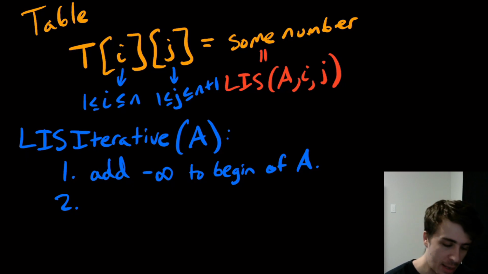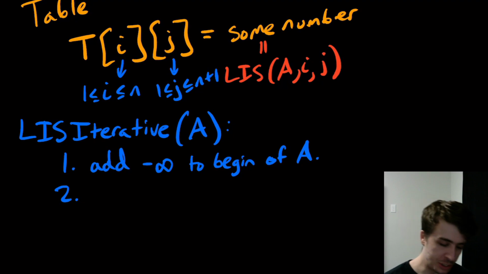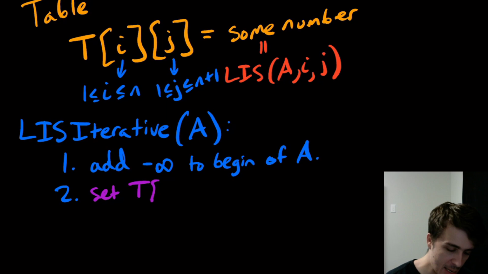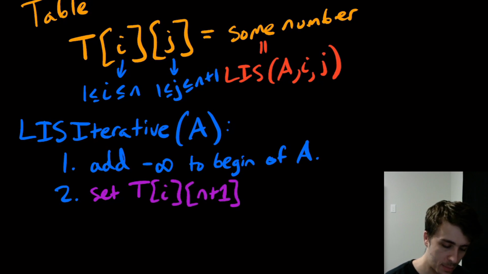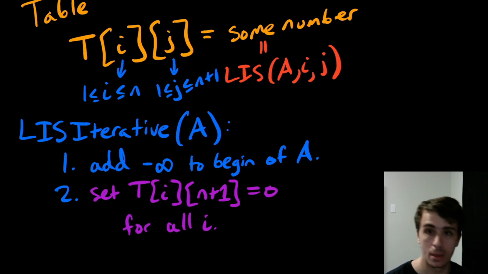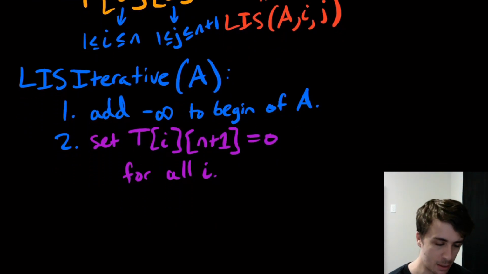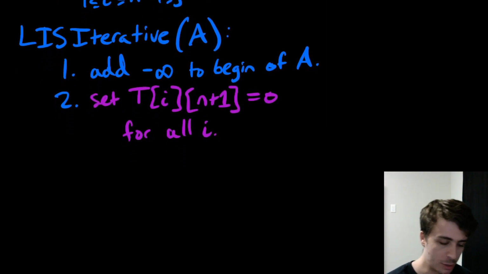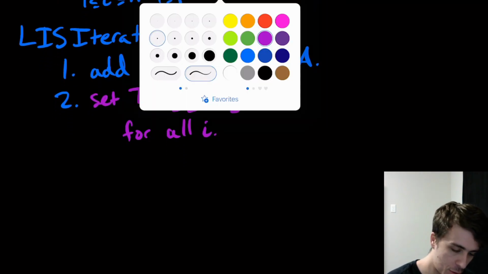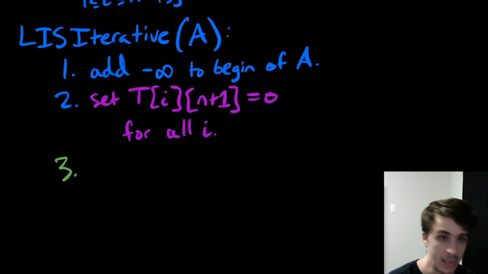Okay, and then for the second step, we're going to set T of i, n plus 1 to be 0 for all i. So it's just setting one column to be all zeros to make the calls easier when we do them next.